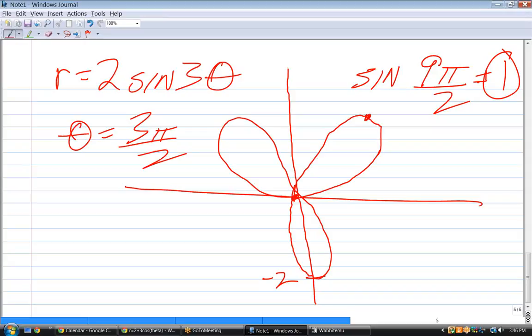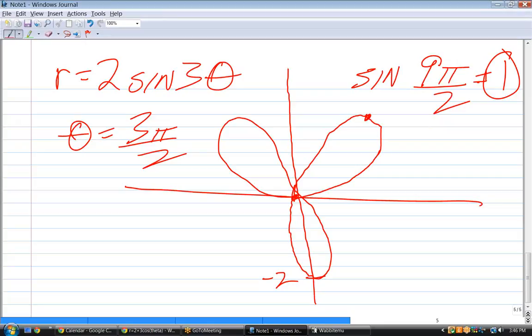The sine of 9 pi over 2, if I take away 4 pi from that, I'm left with pi over 2. So that should be a positive 1 at 3 pi over 2. Well, I don't get it.